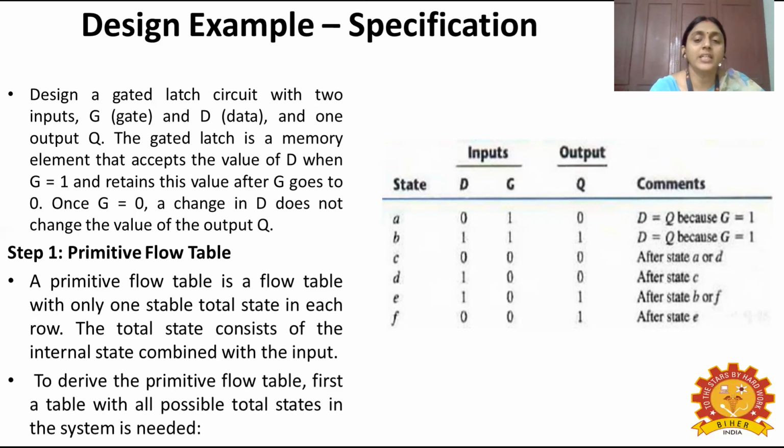And now the data D, from 0, gets a transition to the value 1. In this case, the gate input will represent the Q output, which is 0. So after state C, states D and E represent the gate input 0 with data input 1 and the Q output will be 1. And the last state after E, state F, represents the data D is 0 and the gate input is 0, then the output Q is 1.